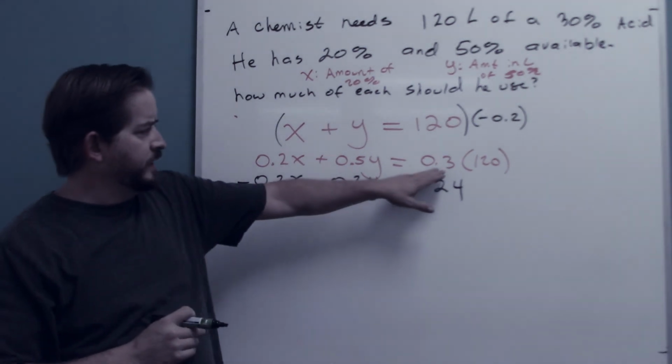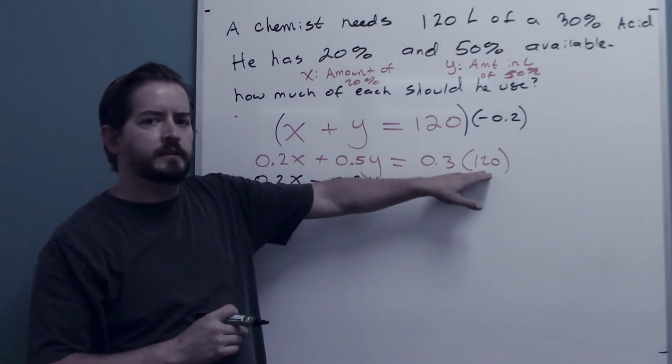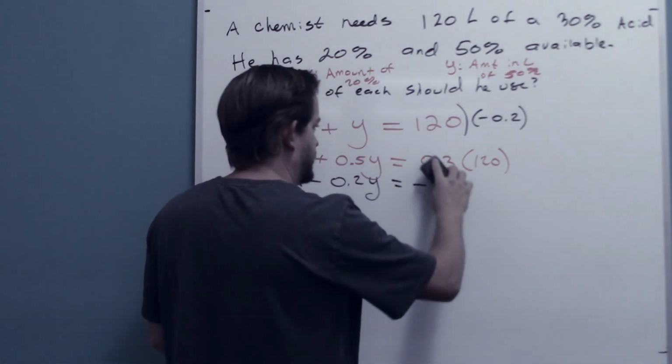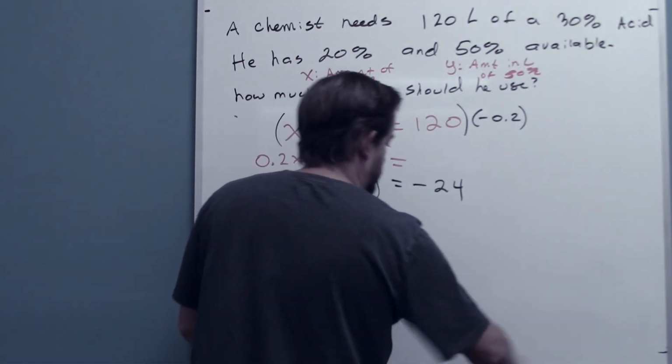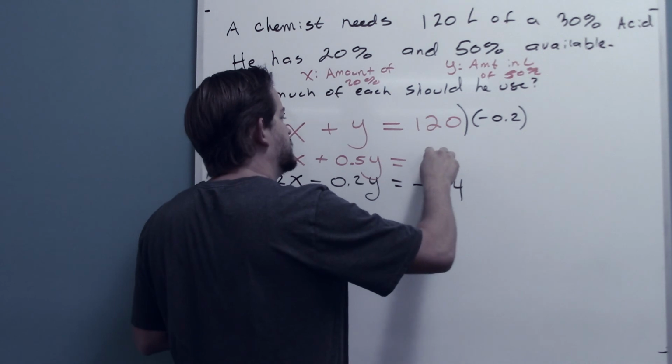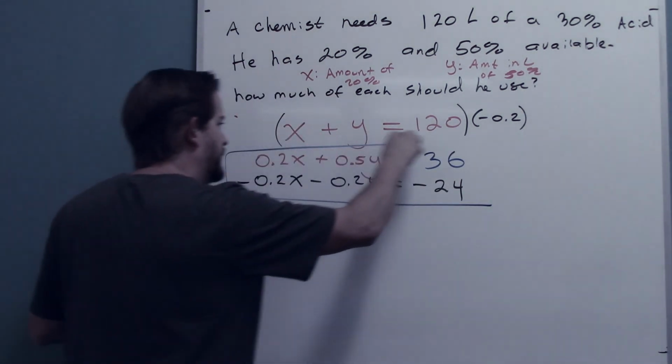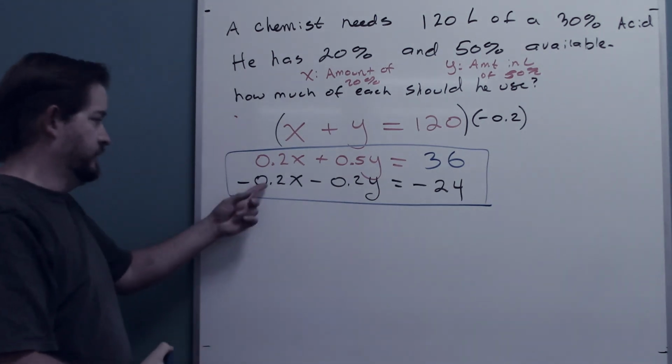Whereas I can simplify this 0.3 times 120, that gives me 36. So I'm going to write that here in place. This is 36. And now I've set it up to combine these two equations and eliminate my x.